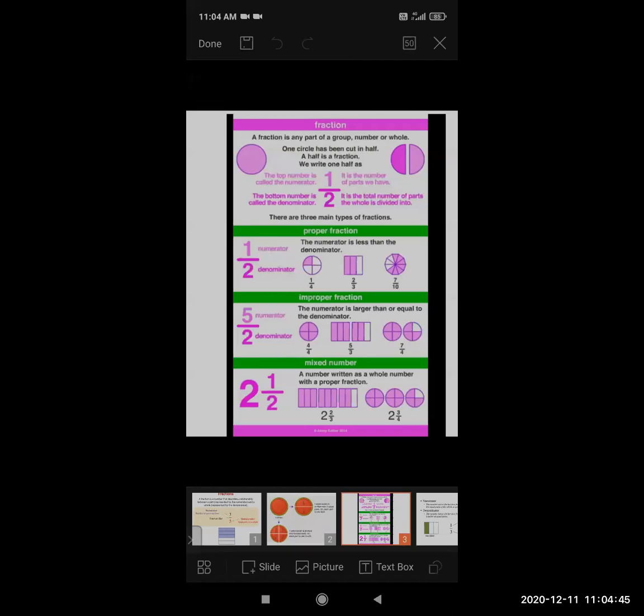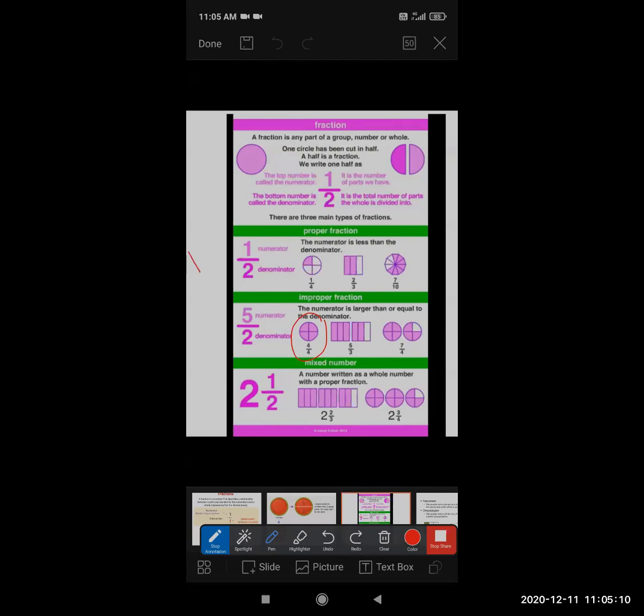Look at the first example I gave you in the improper fraction. One circle is there, in the one circle 4 equal parts are there, and all 4 parts are colored. So 4 by 4. Okay, how are we going to read the fraction?